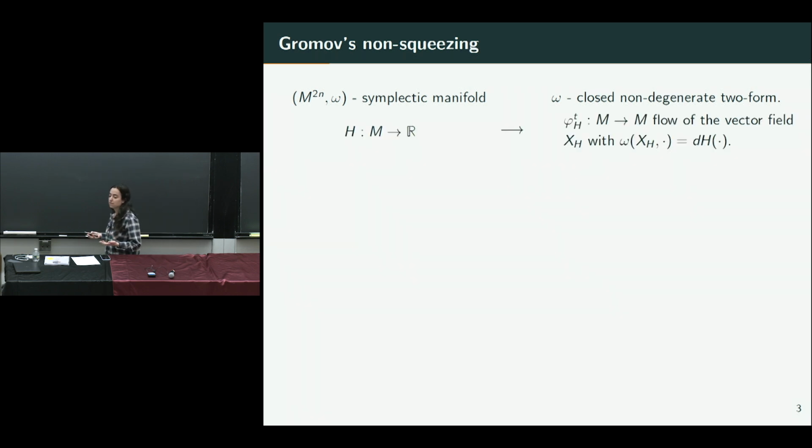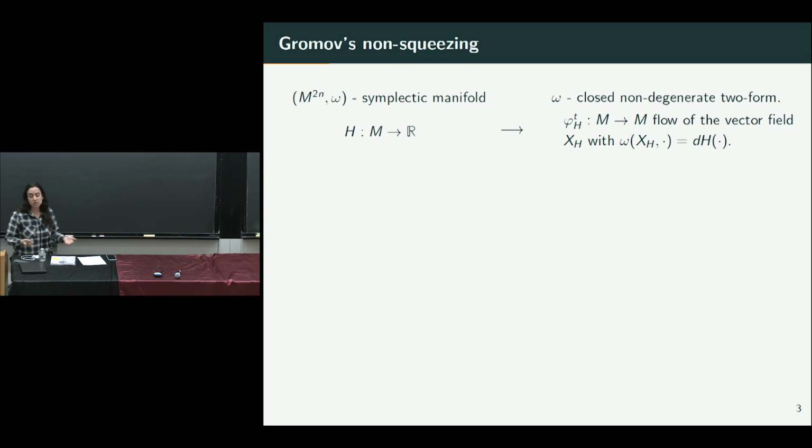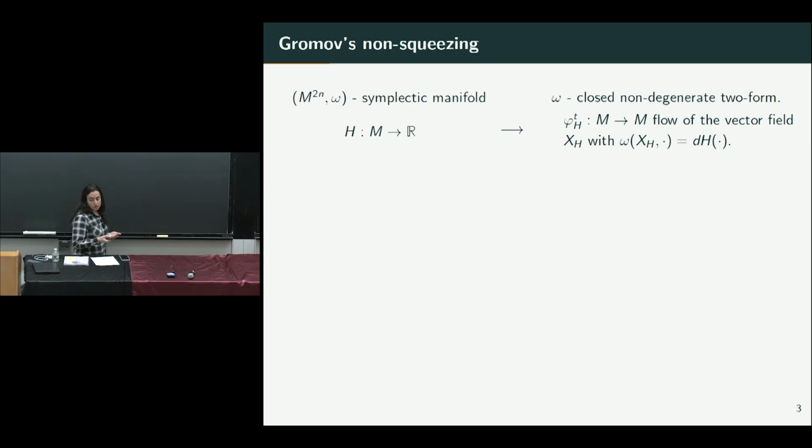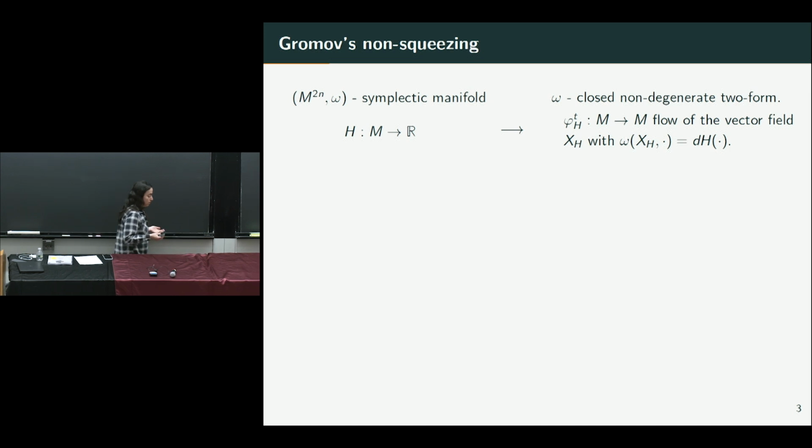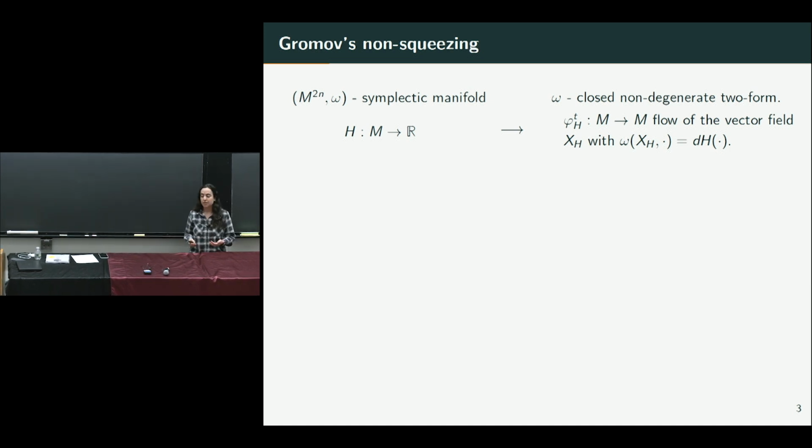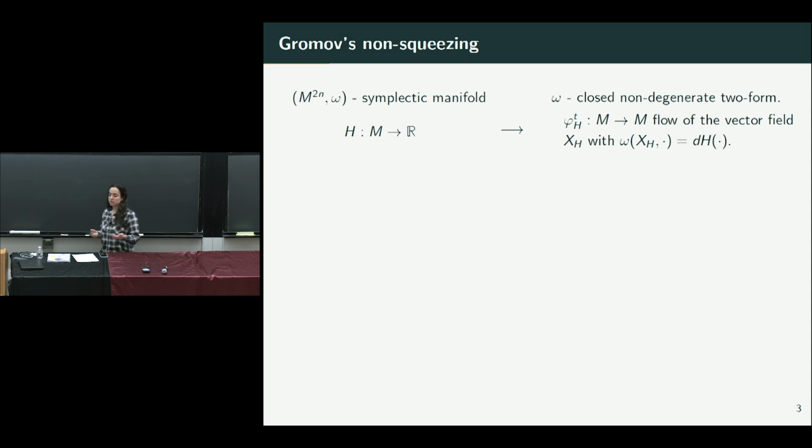If we have some function on the manifold which represents the energy, then using our symplectic form, we can get a flow by requiring that omega of the flow corresponds to the differential of H. It is similar to the classical case because of energy conservation: this flow stays on the level set of the Hamiltonian.